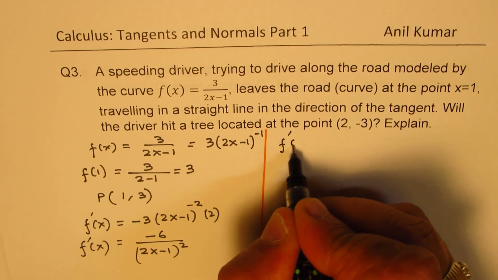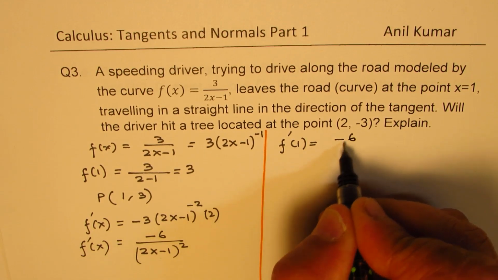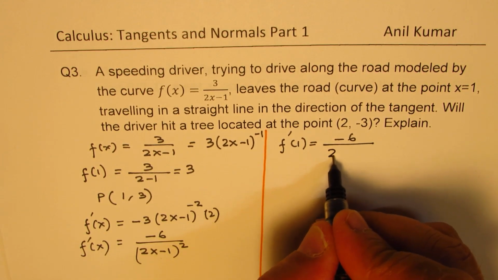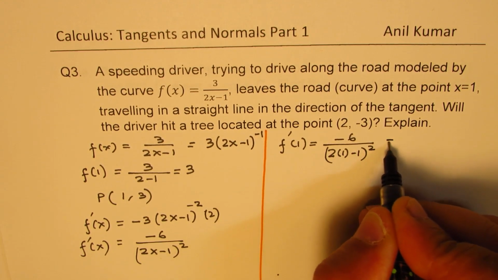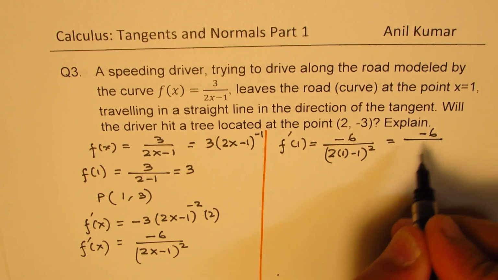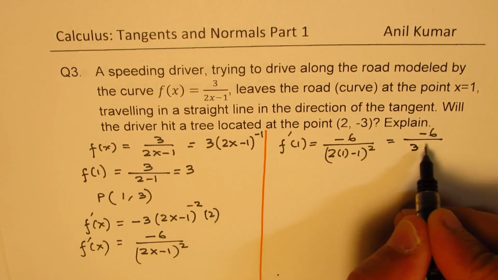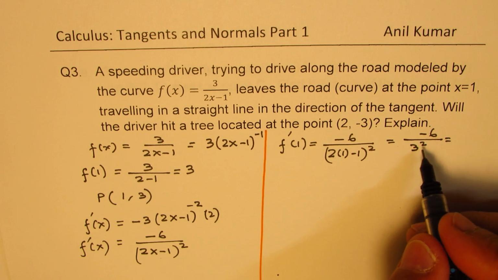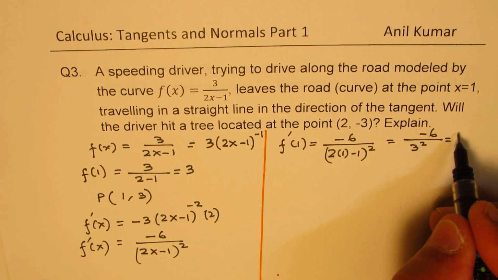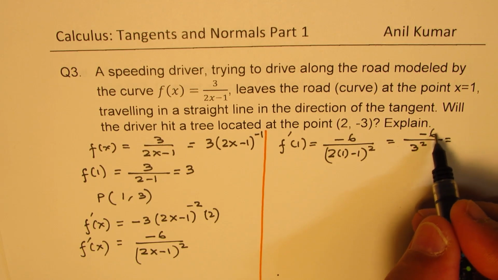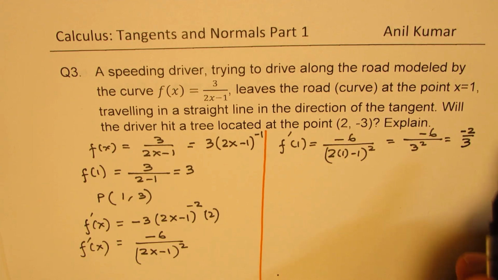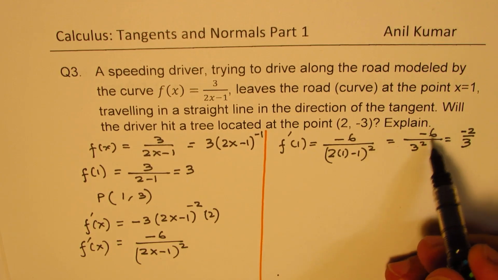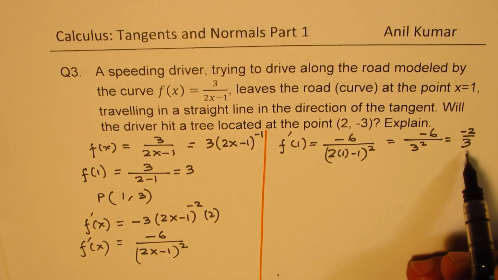So the derivative at 1 will be minus 6 over (2 times 1 minus 1) whole squared, which is minus 6 over (4 minus 1) is 3 squared. One of the 3's goes, so it gets minus 2 over 3, right? So it is minus 6 over 9, which reduces to minus 2 over 3. So that becomes the slope.